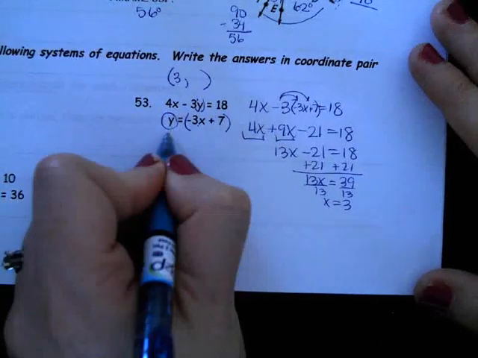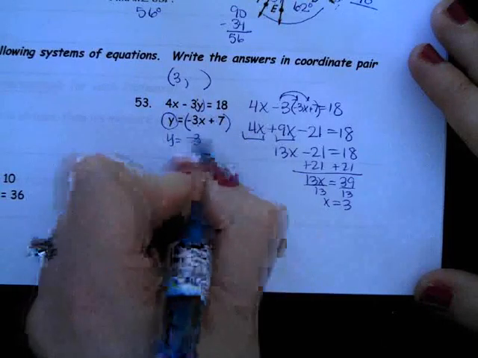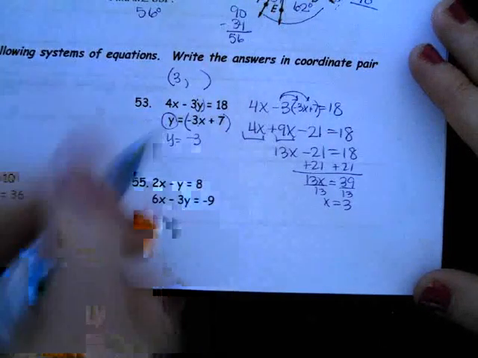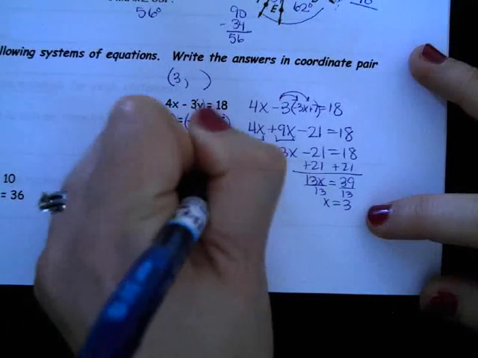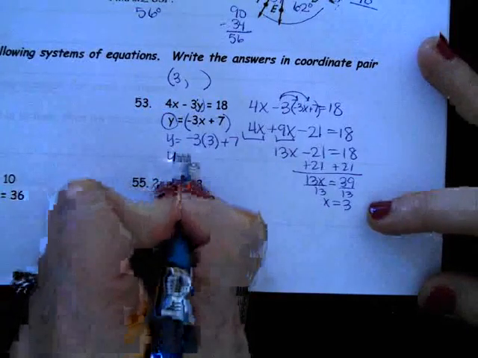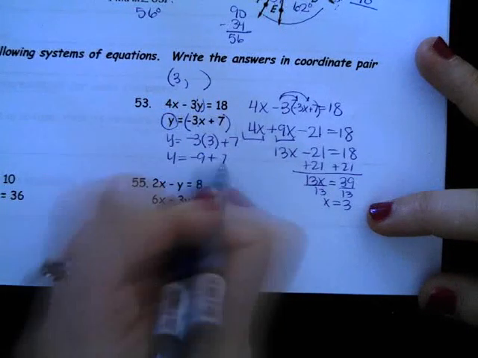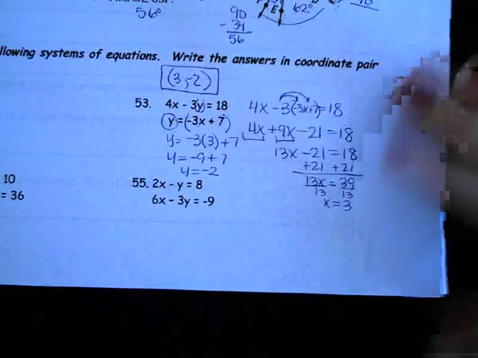So what we're going to do is fill in this bottom equation that's already solved for y, but again, it doesn't matter which equation you use. We'll have negative 3 times positive 3 plus 7, because I know x is 3 now. So if we simplify this, we get negative 9 plus 7, which leaves me a negative 2. So the answer, or the solution to this system, is the ordered pair 3, negative 2.